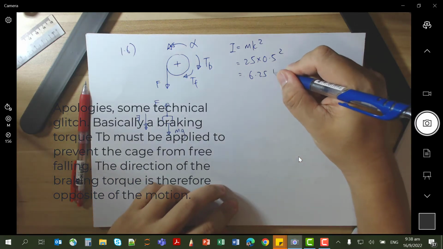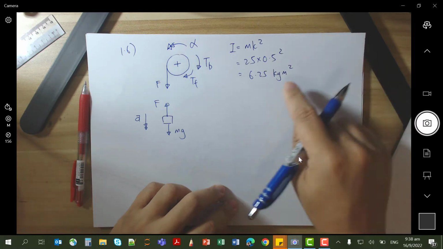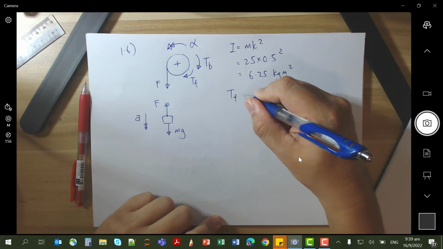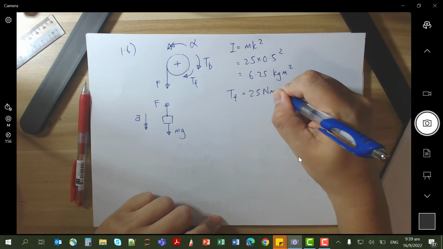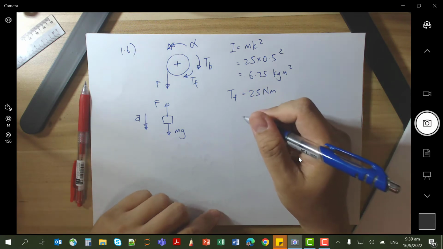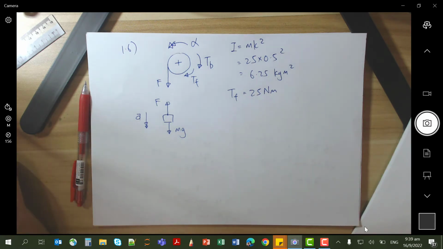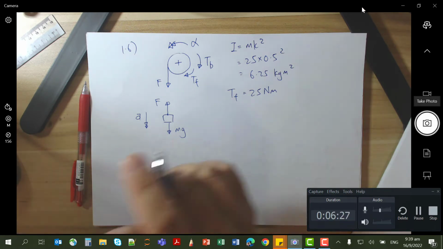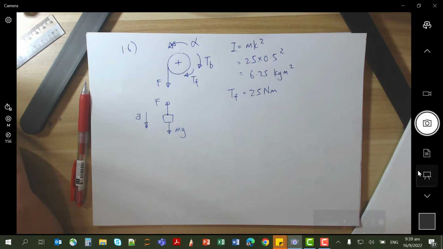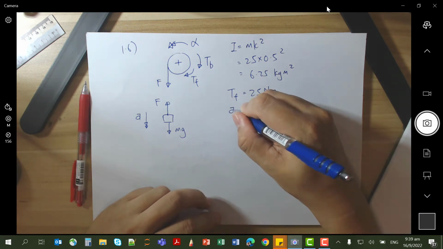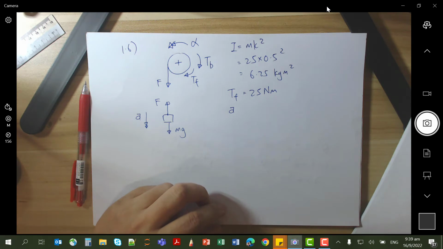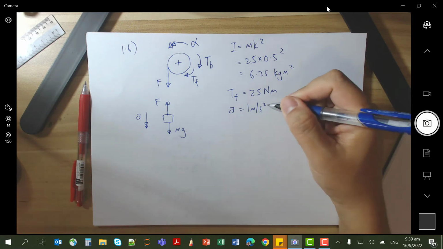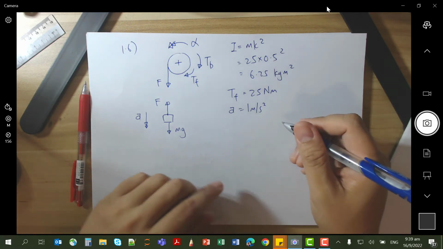The moment of inertia I has a unit of kilogram meter squared. The friction torque is this much. Its acceleration during the lowering is 1 meter per second squared, and it starts from 0.